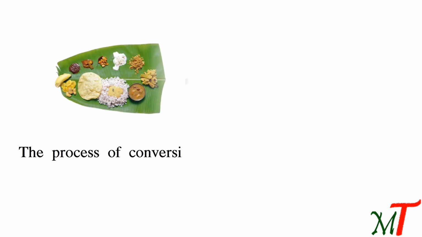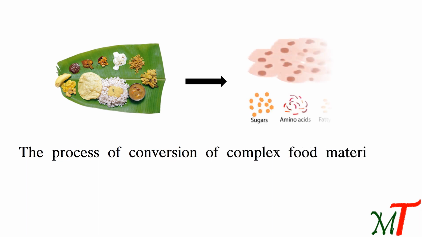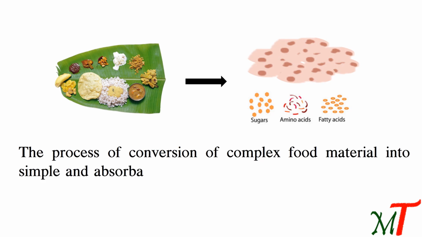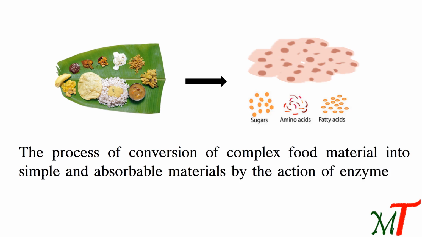What is digestion? The process of conversion of complex food material into simple and absorbable materials by the action of enzymes is called digestion. Here you see there are two types of food materials.